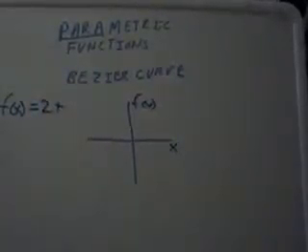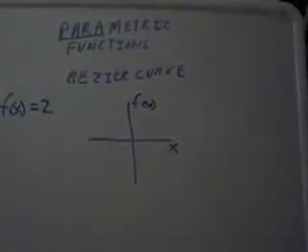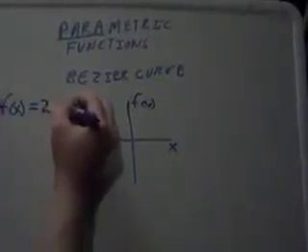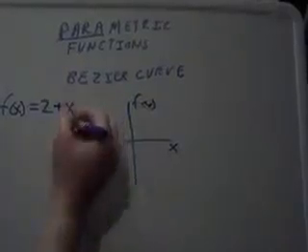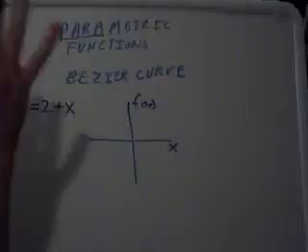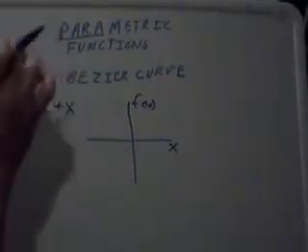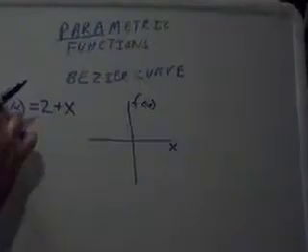Now that means that whatever value we give for x, there will be only one value for y.